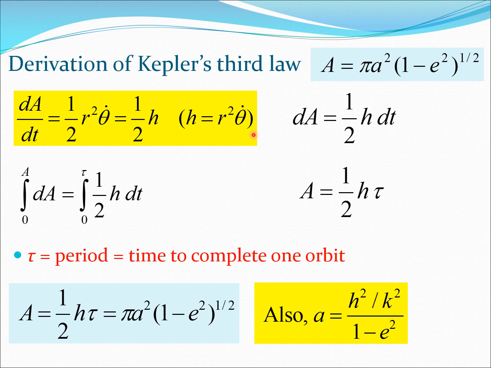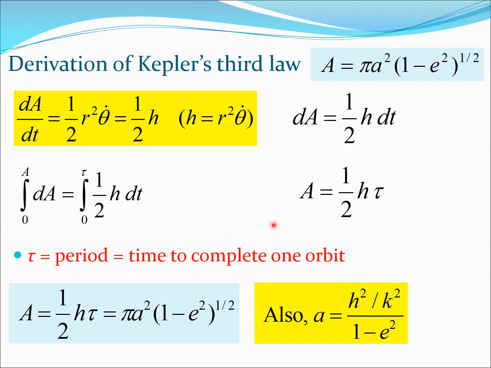And essentially now what we are going to do is we are going to take this equation for dA, which is half h dt. We are going to integrate it. So we are going to take the fact that t varies from 0 to tau, that is one time period, and then the area is also going to go from 0 to A as we go around that particular figure.